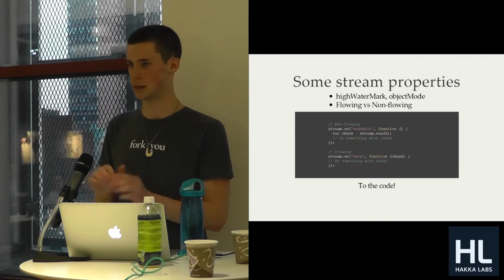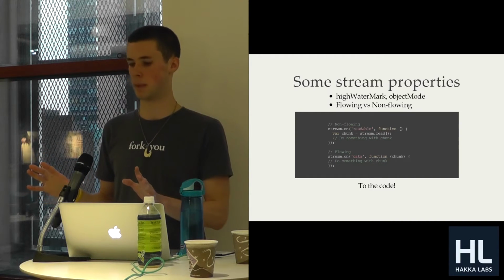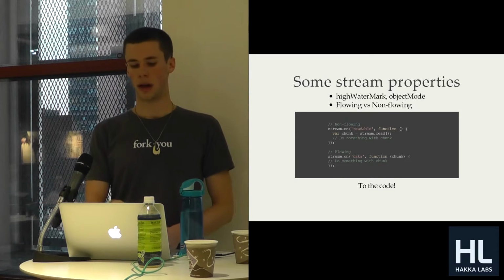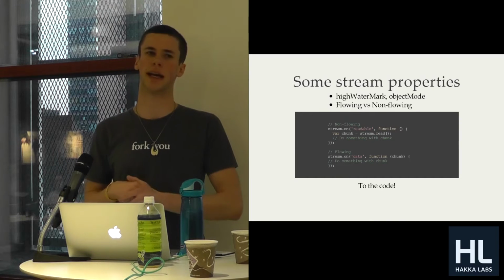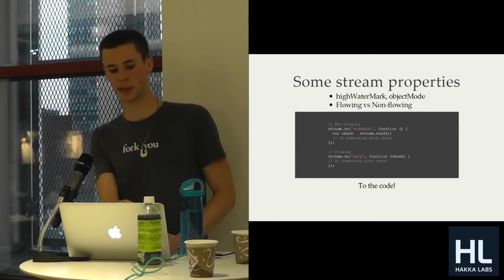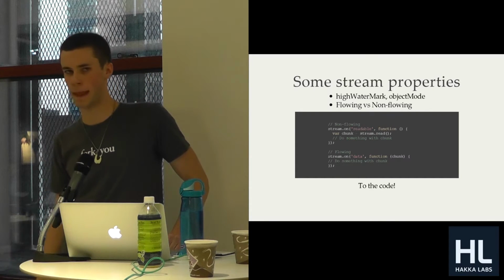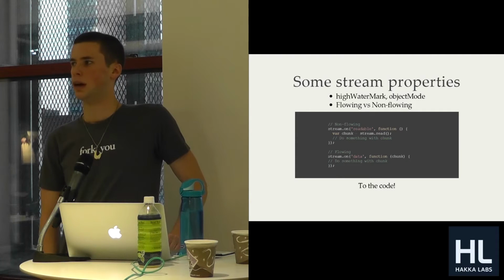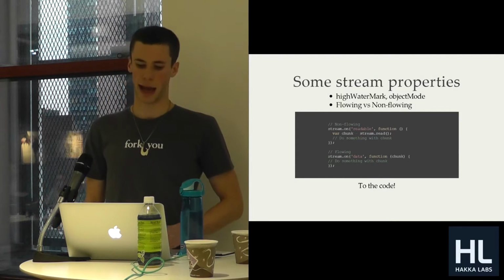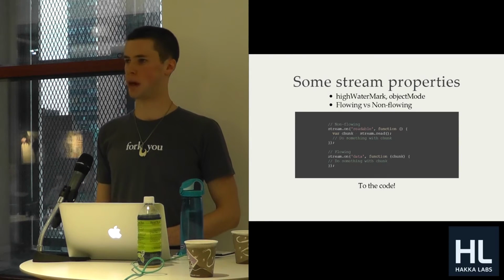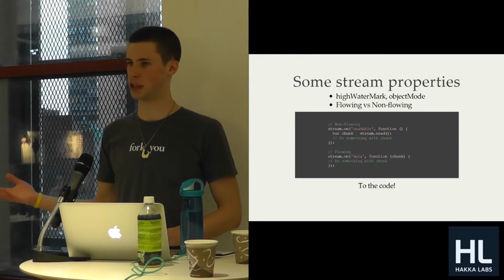If you're not using this magical pipe method, which I showed you before, you listen on this readable event. What readable describes is: tell me when this particular stream, say it's a request where I'm posting you a giant JSON object, gets some chunks of that data.